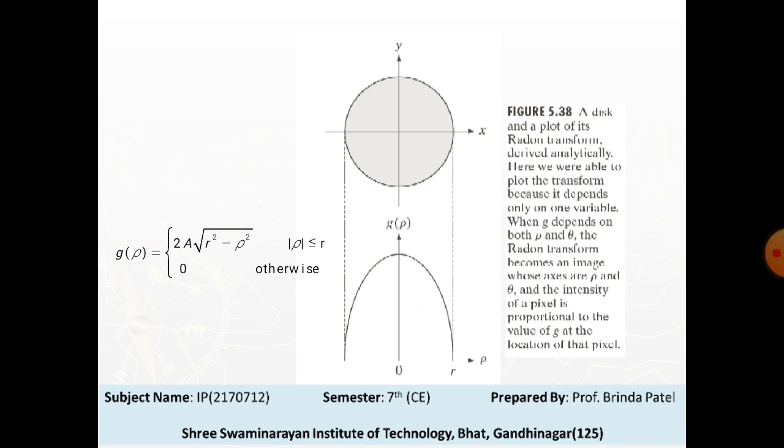We are able to plot the transform because it depends on only one variable. When g depends on both p and theta, the Radon transform becomes an image whose axes are rho and theta, and the intensity of a pixel is proportional to the value of g at the location of that pixel.